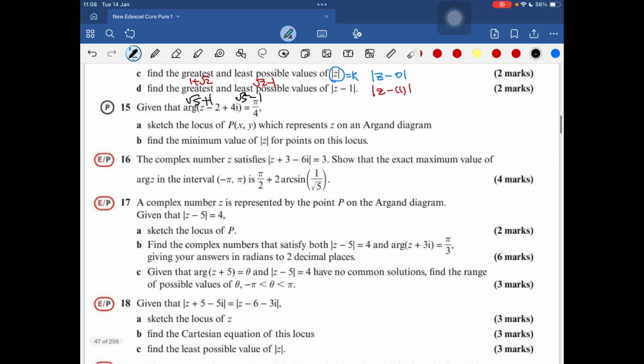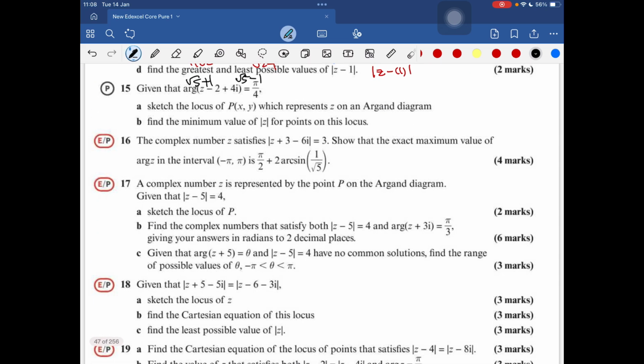And number 16, complex number z satisfies this one. So modulus of z minus negative 3 plus 6i equals 3. So the center is negative 3 comma 6, and the radius is 3, like this. So show that the exact maximum value of argument z in the interval is pi over 2.